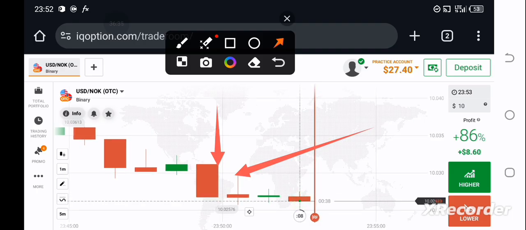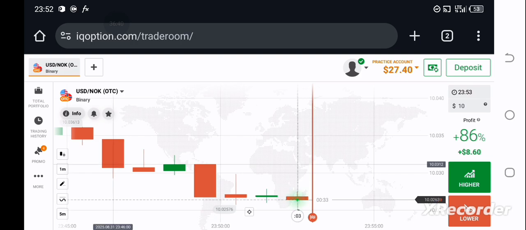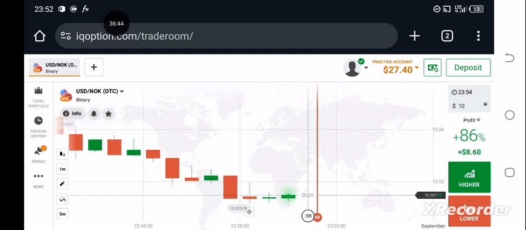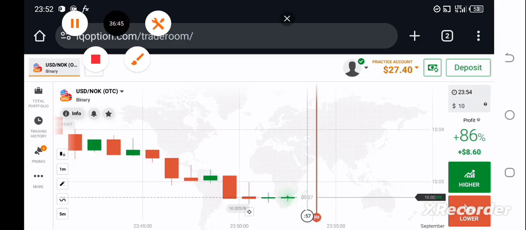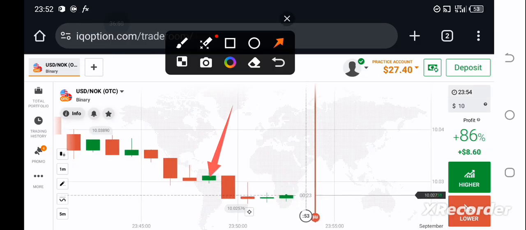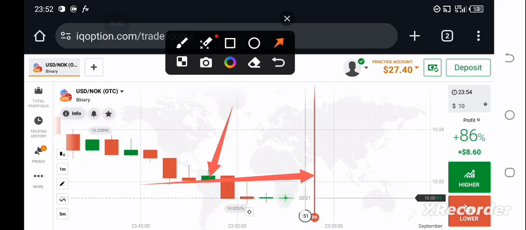So you are going to allow the market to hit a particular resistance level. If you look here carefully, you can see there is a buyer's level here which formed a support level. This is a buyer, right? Even though it's a downtrend, this is now a support level.